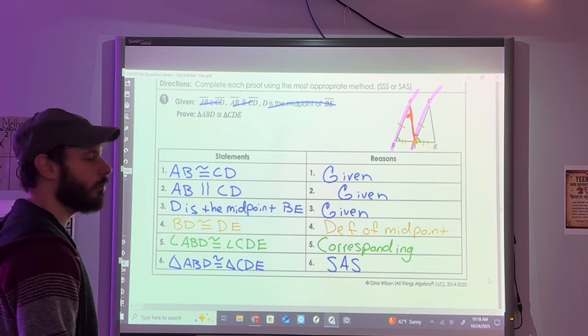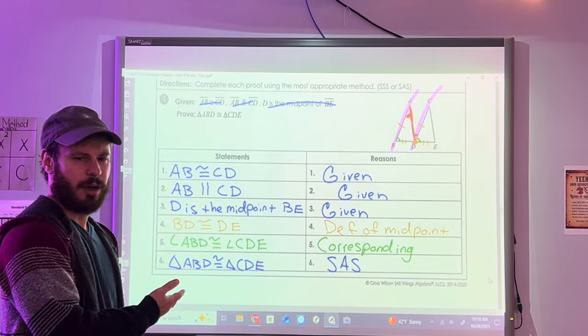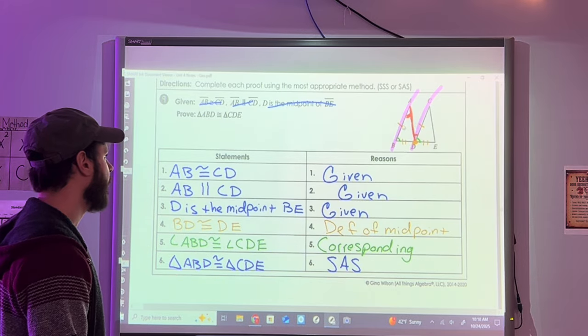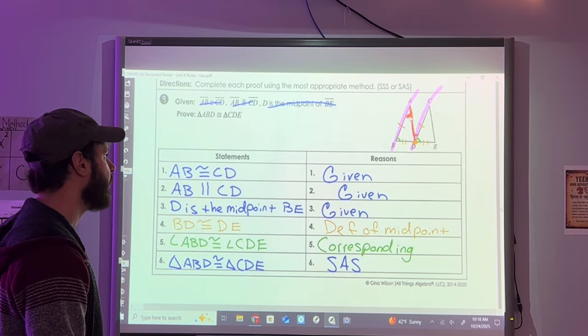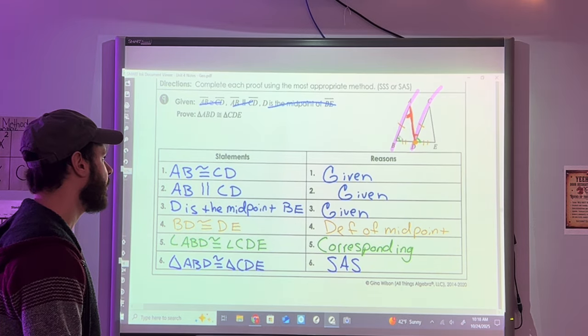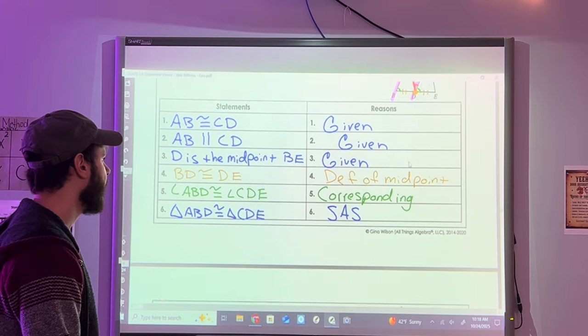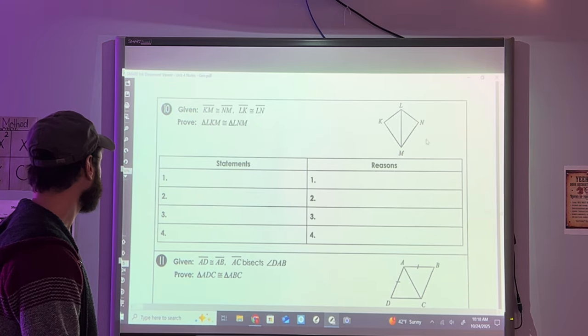We knew going in that it was either going to be side, side, side, or side, angle, side, because that's the topic. But why did I try to force this angle up here? If it was side, angle, side, the only place that angle could have existed was between the two lines. So I could have started there in the first place, and maybe some of you did, and you got the answer faster than I did.